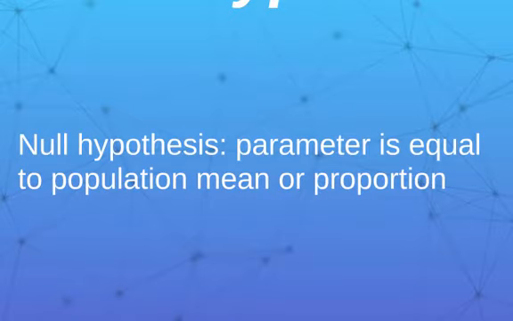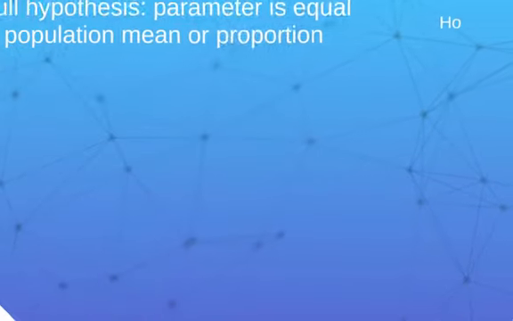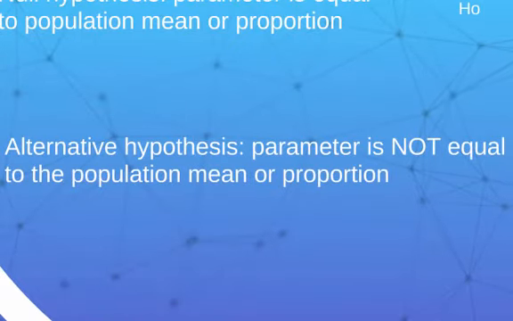If we're looking at the null hypothesis, the symbol that we will use is H0. Remember, when we state H0, there's always an equal sign included. Whereas for the alternative hypothesis, the second type of hypothesis, we're saying that the value, whether it's a mean or a proportion, that was given to us is actually not the real value.